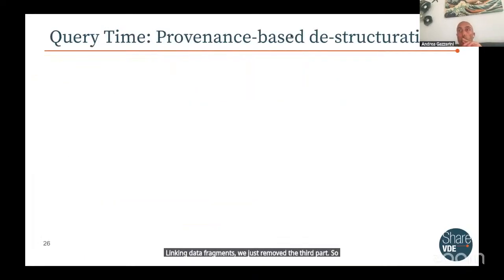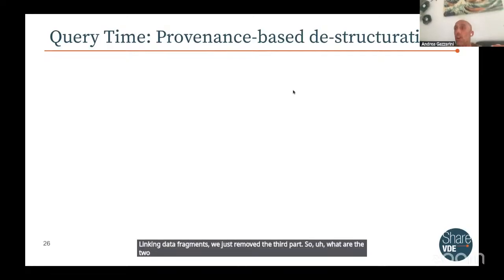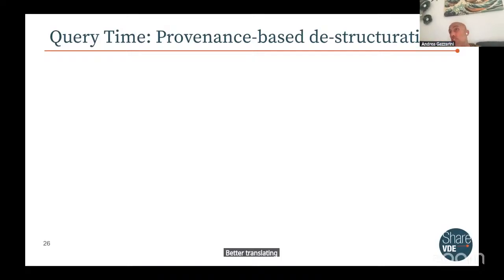So, what are two examples of the benefits of better translating and publishing RDF in real time?